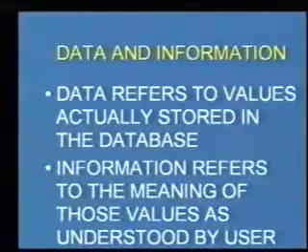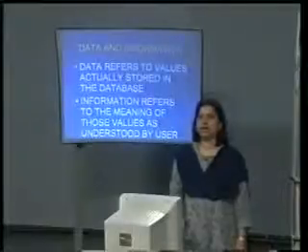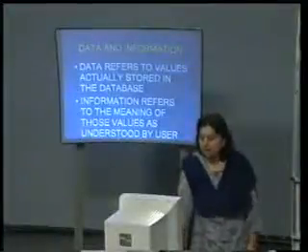However, information refers to the meaning of those values understood by the user. Information is basically the processed data. Once this data is there in the database, this data will be processed, only then can we retrieve the desired information. So this processed data is information.